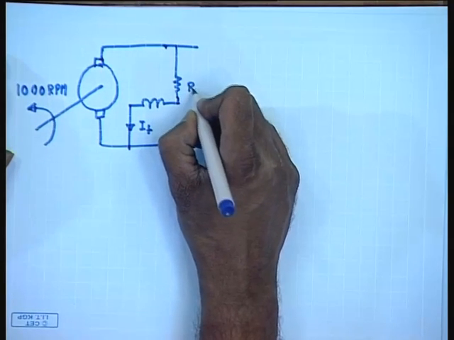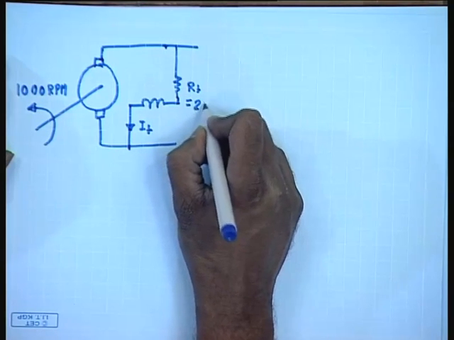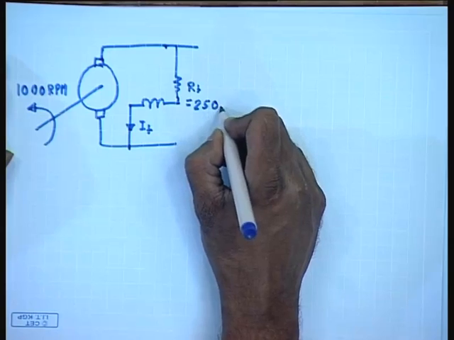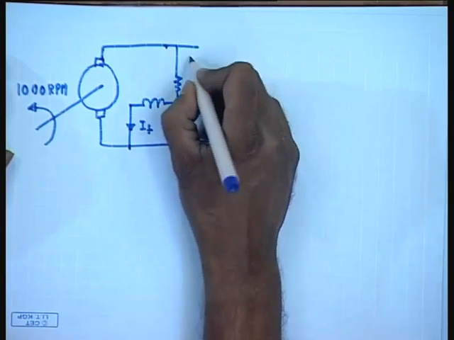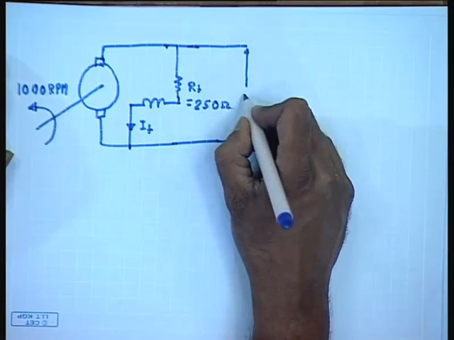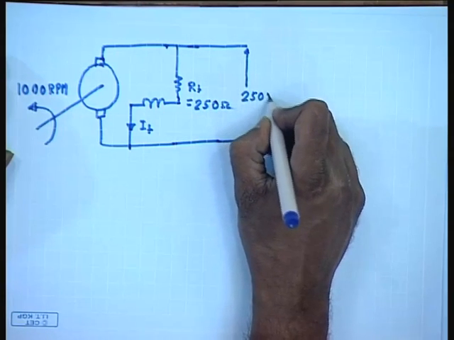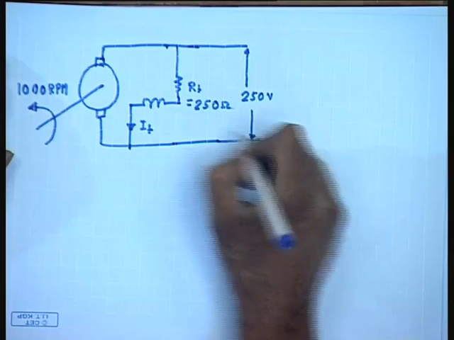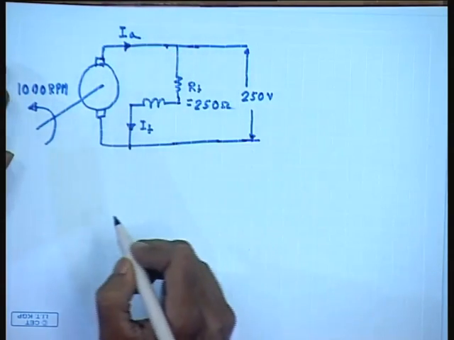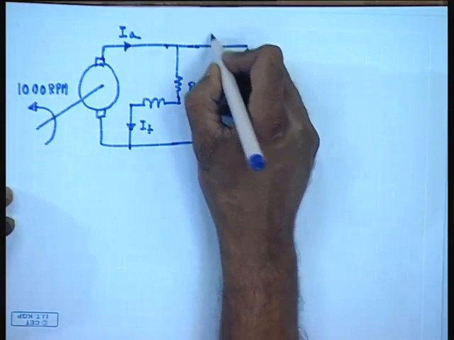This is Rf equal to 250 ohm, and when run at 1000 rpm, the generated voltage was 250 volts. This being a shunt generator, in the generating mode, Ia equal to If and IL equal to 0.